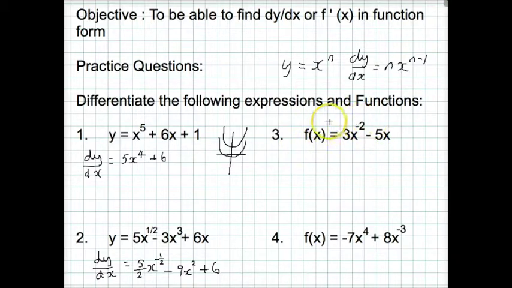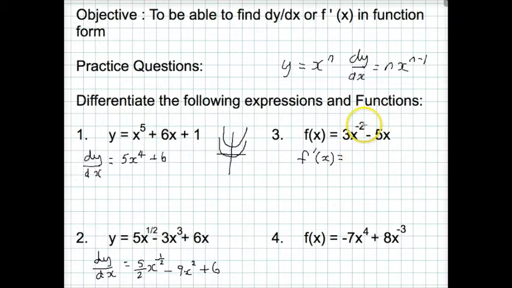Question 3. We've got this in a different form here. We've now got this function of x. So here the differentiated function is written f dash x or f prime x. But the procedure is exactly the same.